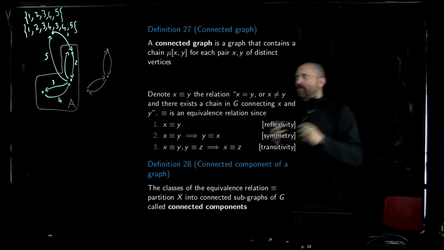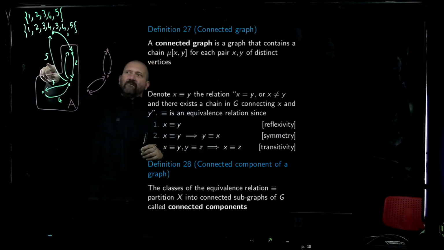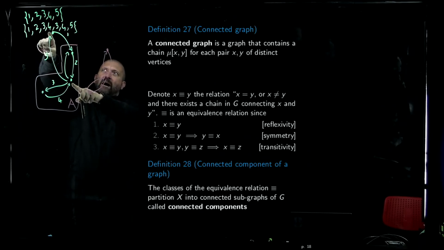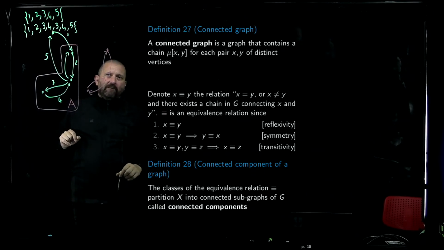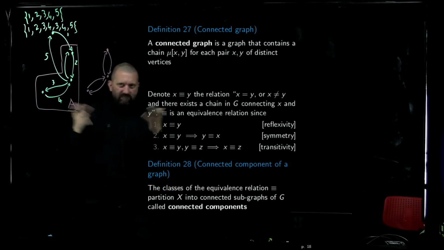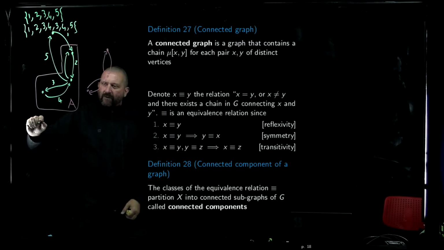So this, for instance, is a connected graph, because whichever pair of vertices I take, I can go from one vertex to the other through a chain. And I can take any such chain and I will get there.